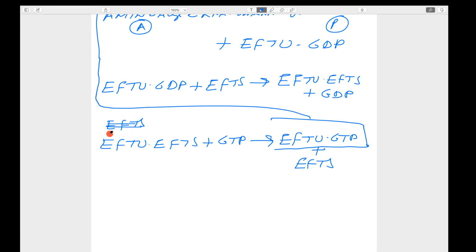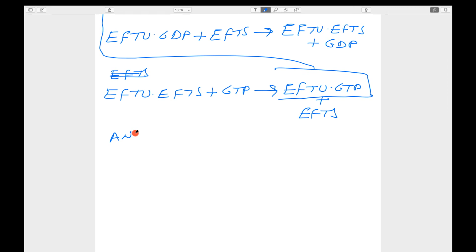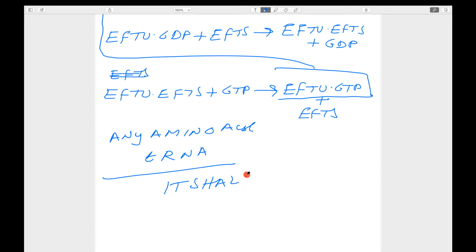One thing we have to keep in mind: any aminoacyl transfer RNA, if it has to go to the A site and be part of the polypeptide chain, any amino acid which is bound with transfer RNA shall react with the EF-Tu GTP complex.